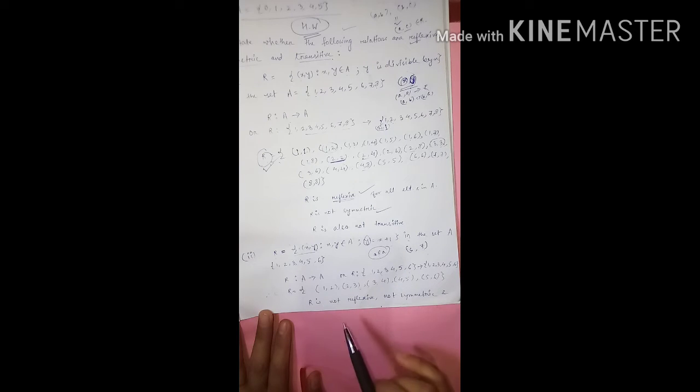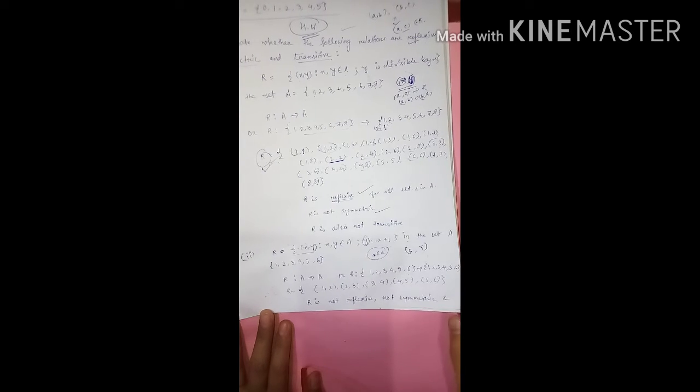Therefore R is not reflexive. But whether it is symmetric or not, let's check. To be symmetric, the element (1, 2) should imply the element (2, 1). Is there any element in the form (2, 1)? No. So this is not symmetric as well.